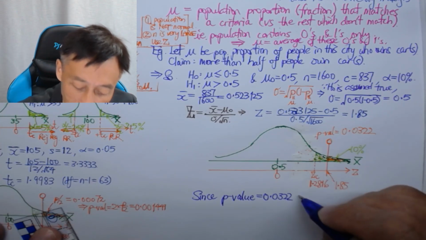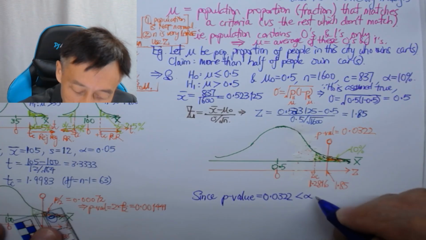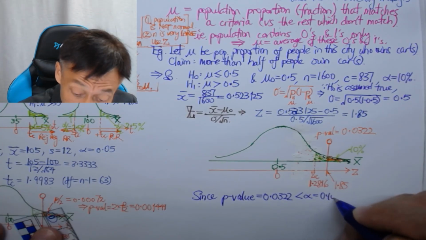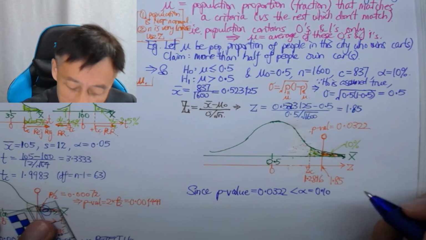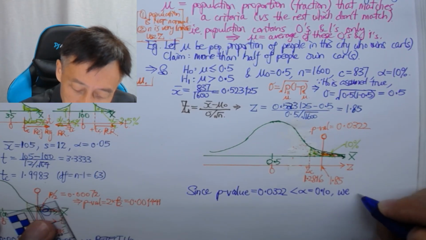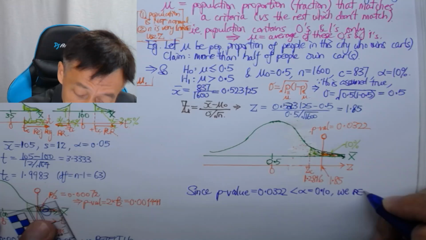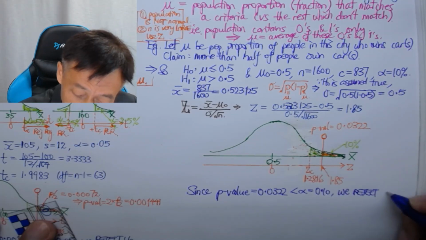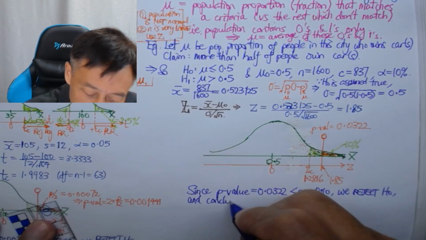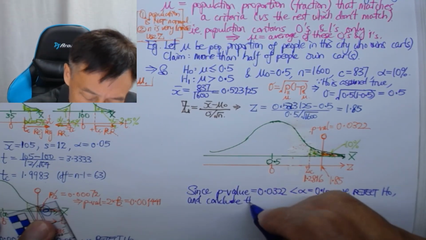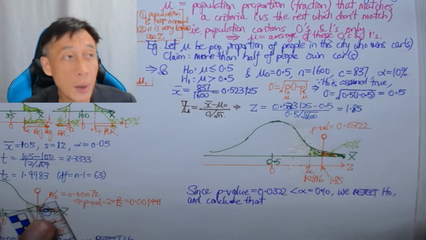So since the p-value is lesser than our chosen alpha, which is 10%, right? That's why we have to agree on the alpha first. Yeah, we reject H naught and conclude that, conclude what?